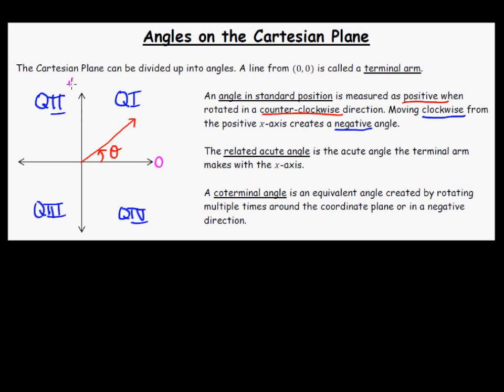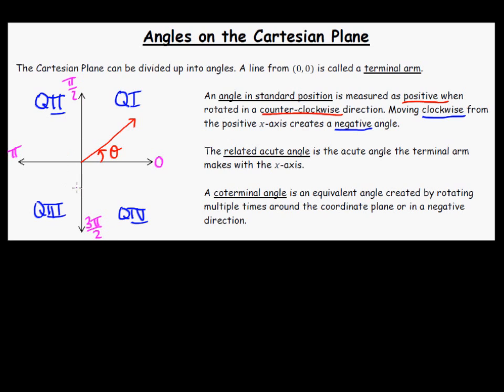in radians, this is pi by 2, and that's because we know 180 degrees is equal to pi, and so 90 degrees has to be half of that, so half pi or pi by 2. Rotating around to the negative y-axis, this is 3 pi by 2.